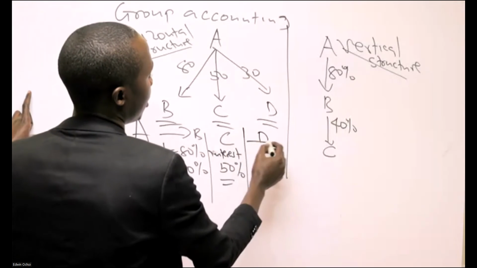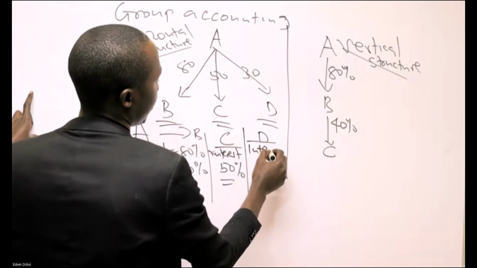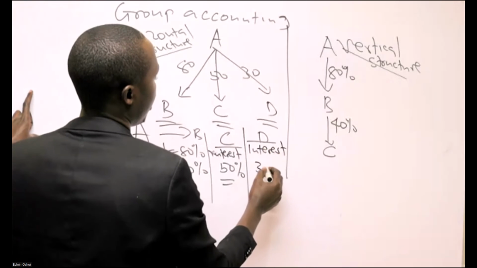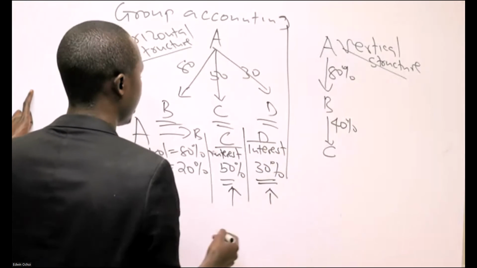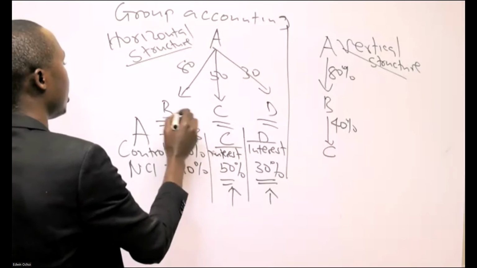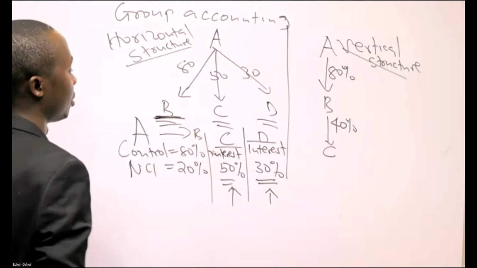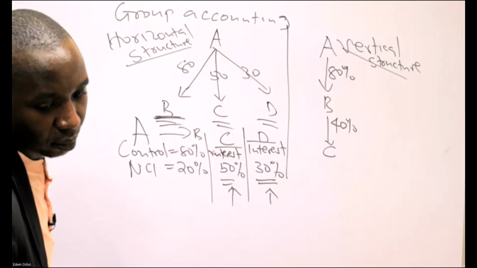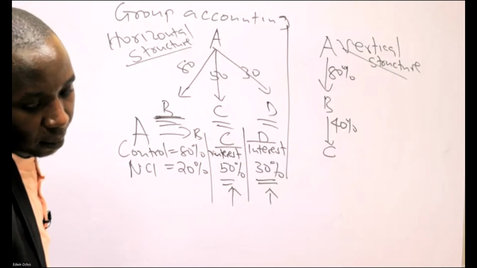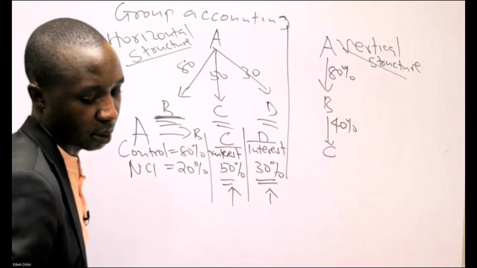Then in D, again, there's an interest of 30%. Under this and this, there is no NCI. The NCI is only under subsidiaries.